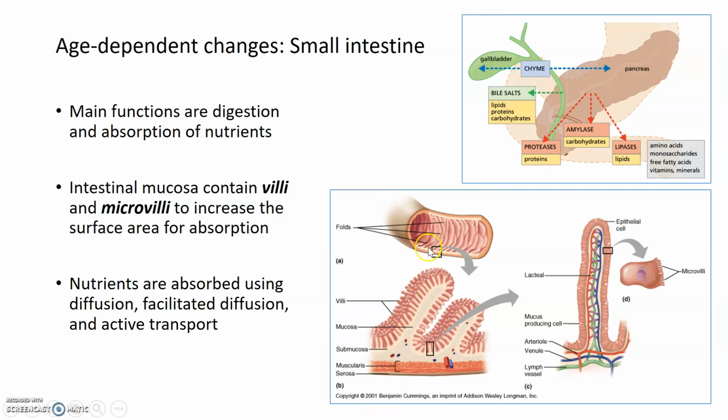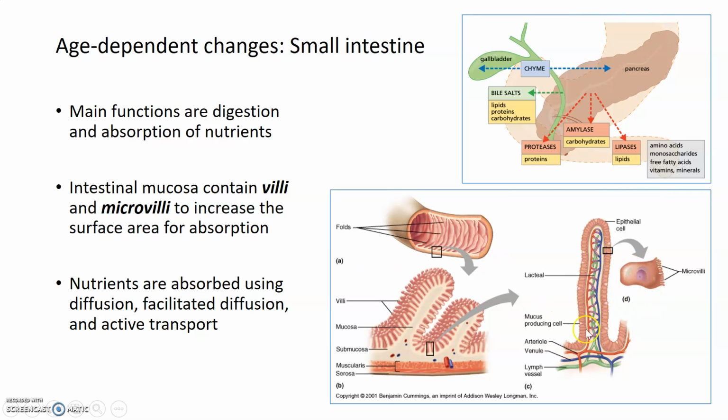And what all of these individual finger-like projections do is they increase the surface area of absorption within the small intestine. Okay, and so you can see the mucosal lining down here and this finger-like villi projection coming off of it. And then in each villi, there are epithelial cells containing microvilli. So there's even more finger-like projections on each individual villi that further increase the surface area for absorption.